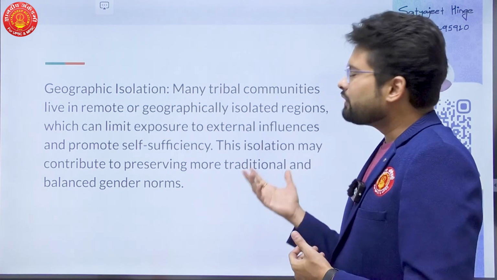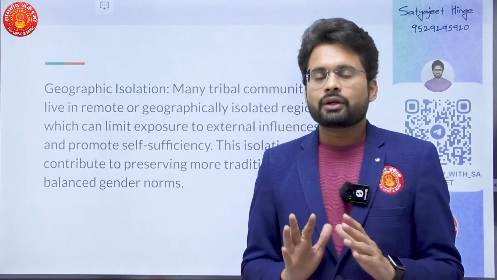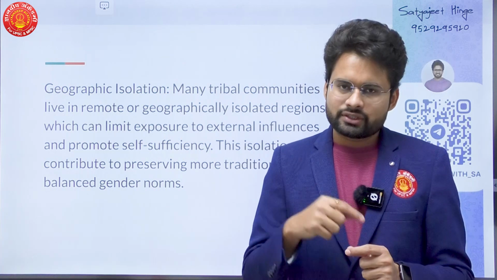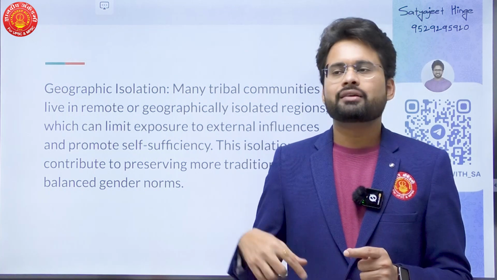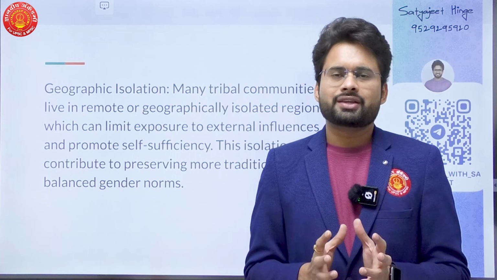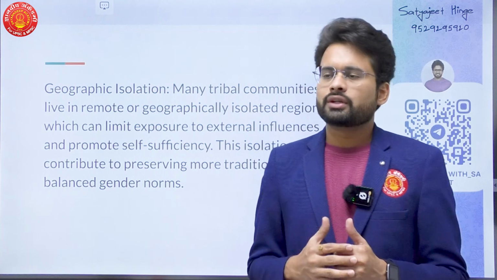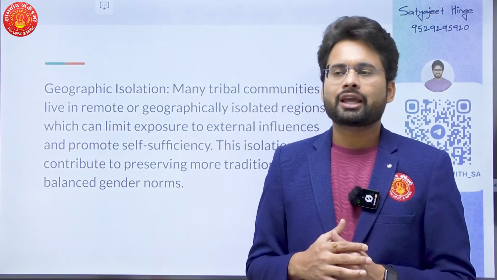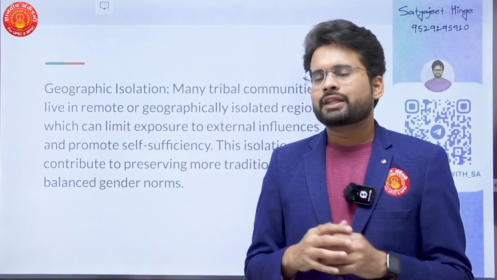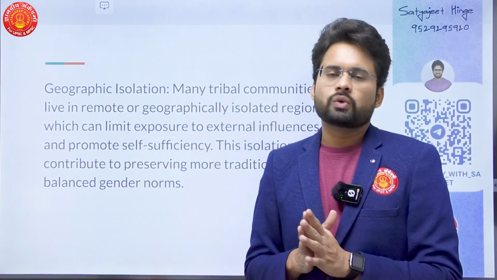Then geographical isolation is again one of the important factors because of which tribes have been able to maintain their higher sex ratios, as practices of son preference, female feticide, infanticide, and the culture of patriarchy are much away from the tribes, unlike in wider patriarchal societies. And because of this geographical isolation, let's say tribes in Northeast India, tribes in Andaman Nicobar, tribes in Central Indian forests, these widespread cultural practices have not been able to reach these remotely placed locations of the tribes.